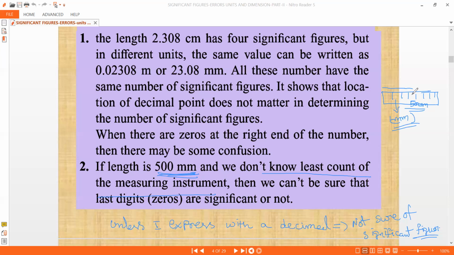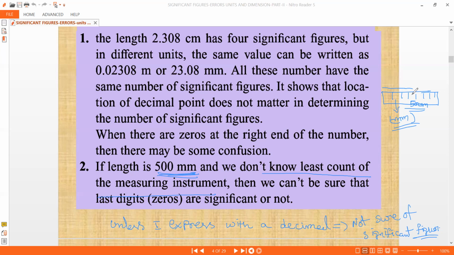I'm not confident of giving that 500 mm as the reading. Whatever instrument I have taken to take the measurement, I'm not sure about the least count of that instrument, because the divisions of mm are not there. So I'm not sure about what the measurement is. Approximately I have given a value, that's called an approximate value, 500 mm.